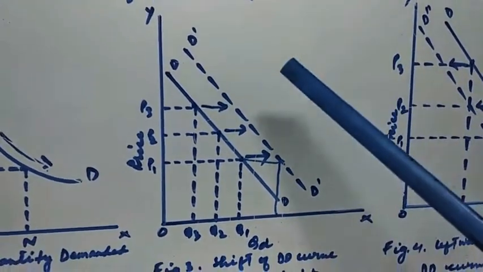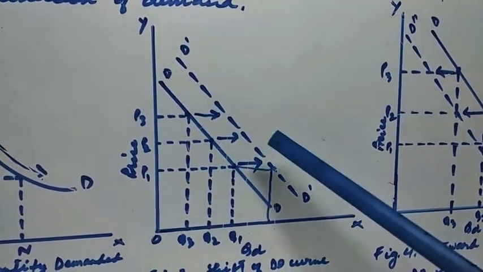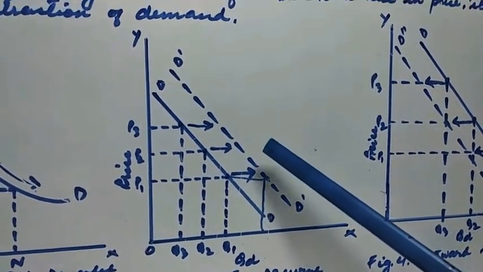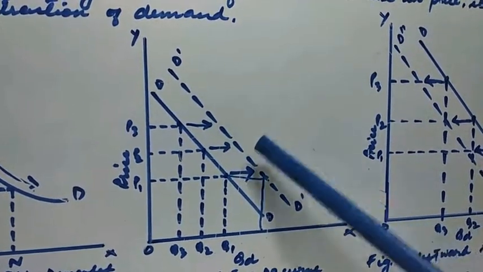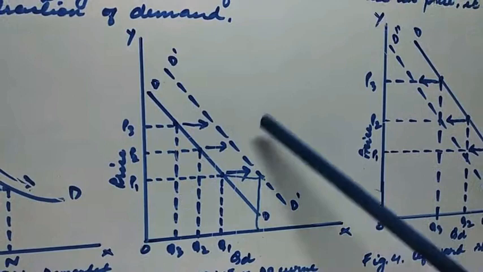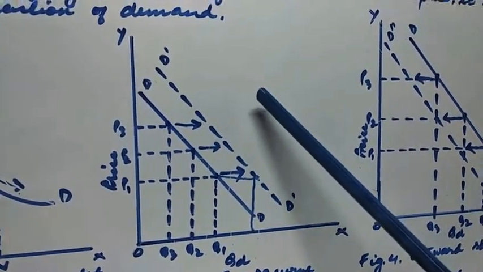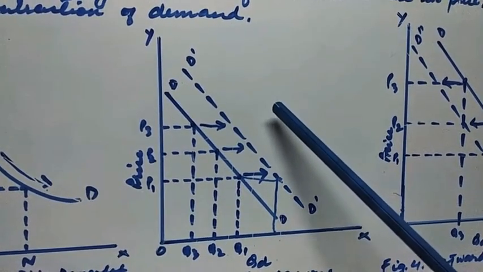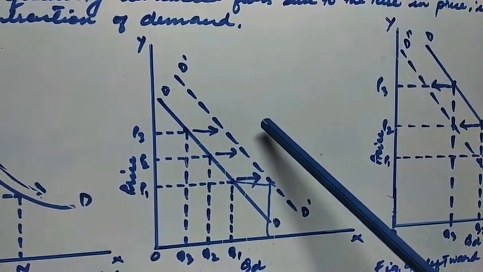If your price for coffee increases, your demand for tea will increase. Because of this change in the price of a substitute good, your demand for the other good increases. In that case also the same situation will happen. There will be a shift in the demand curve for tea because the price of coffee has increased. So these are all the cases in which we will see the shift in the demand curve.